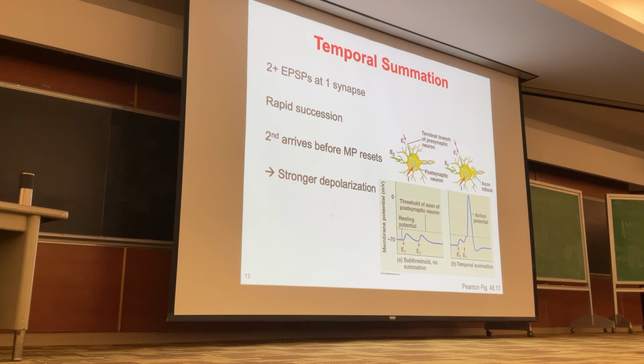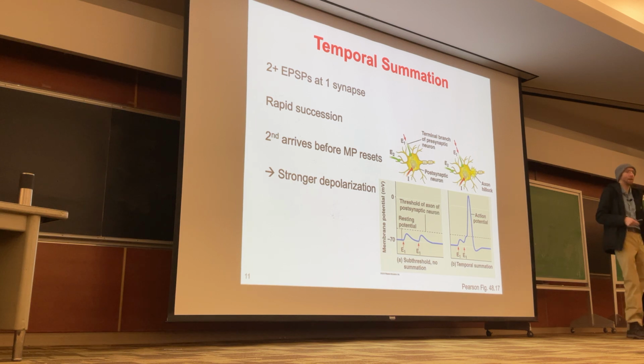Question? I have two questions. So why does the resting potential start at -70, and why is the dotted line necessary? So the -70 is just our equilibrium state for our membrane potential, given the sodium-potassium pump and the leaky potassium channels and some other stuff we didn't talk about. That's just our baseline state. And then the dotted line is the threshold potential that you need to hit to trigger an action potential.